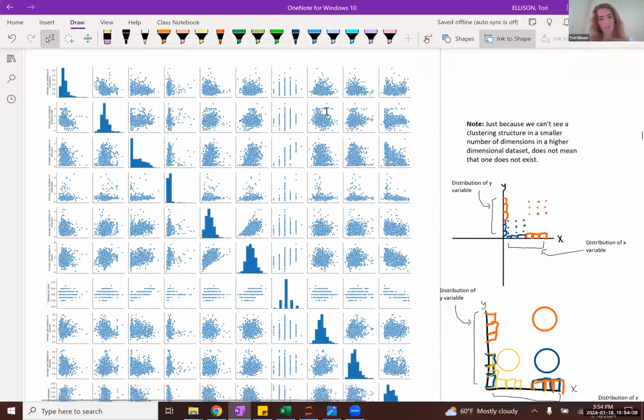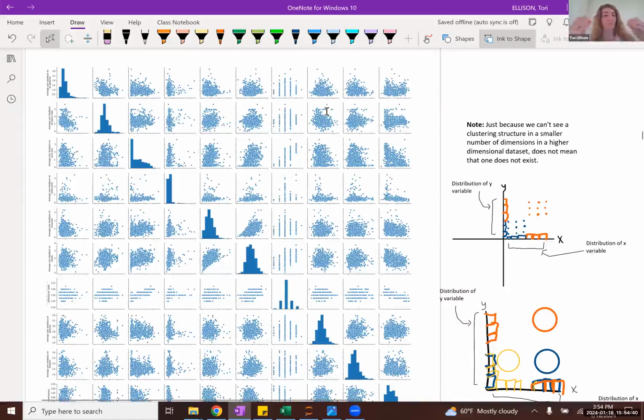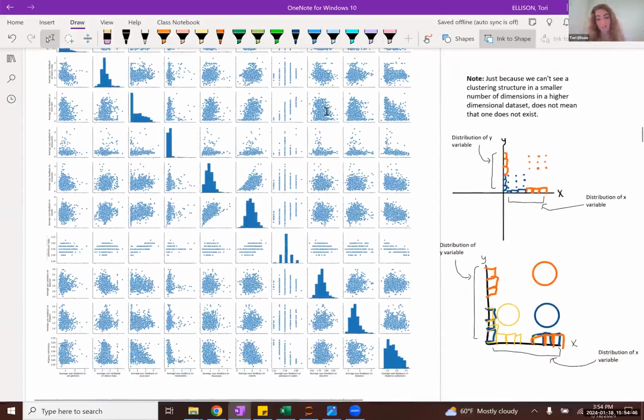But just because we're not seeing a strong clustering relationship in our 2-dimensional plots doesn't necessarily imply that a clustering relationship doesn't exist in higher dimensions. For instance, if we look at these 2 variables, x and y, the scatter plot shows a clustering relationship, a very distinct separation between the orange points and the blue points.